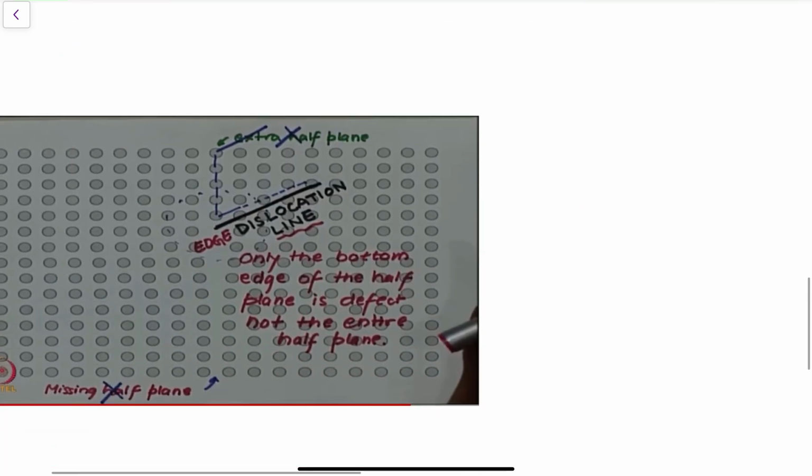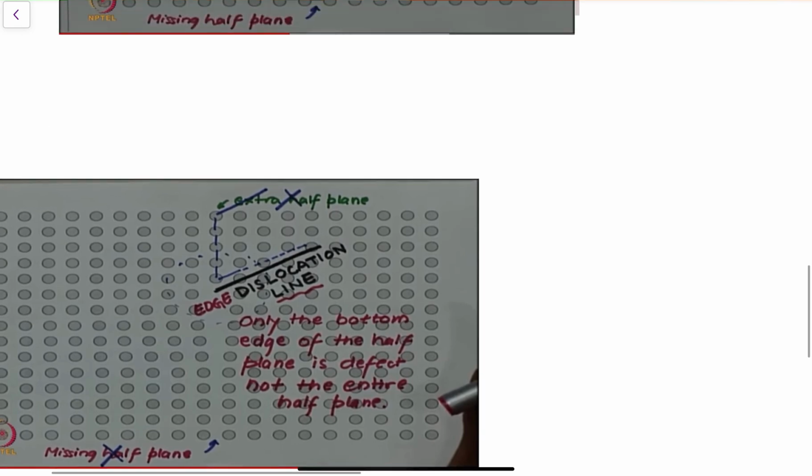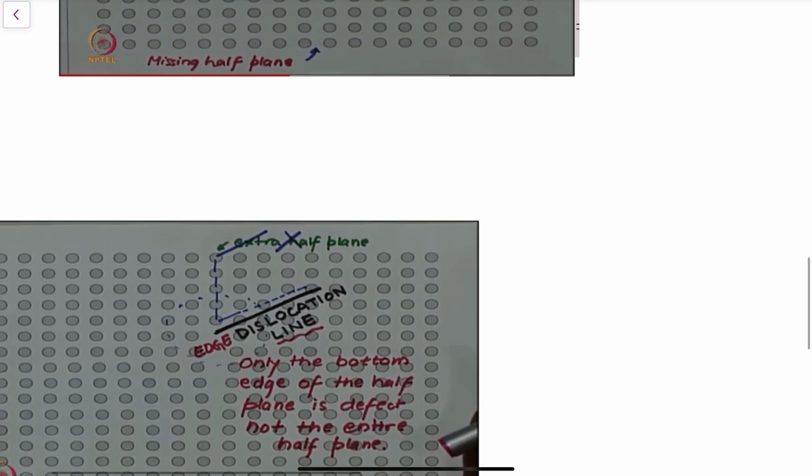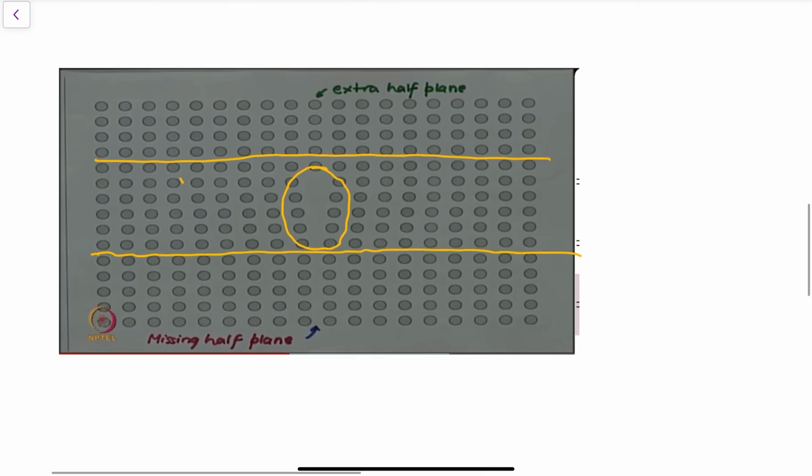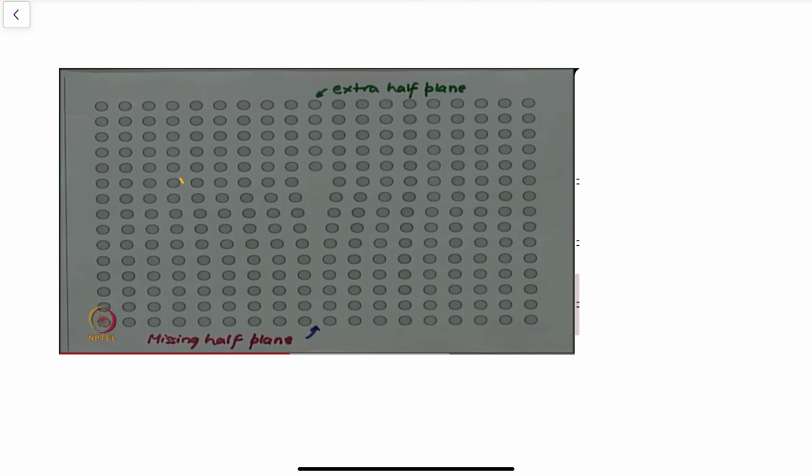So that's why you can see that there is a defect only here. This is where the defect is concentrated.